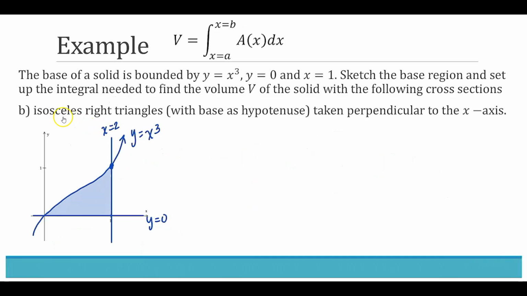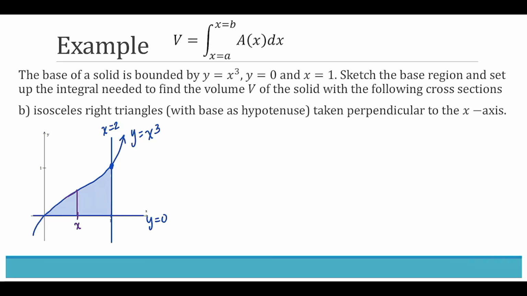In this example, we're going to use the same base, but this time the cross sections will be isosceles right triangles with base as the hypotenuse taken perpendicular to the x-axis. So I'm going to go ahead and construct one of these isosceles right triangles. So here I'm going to pick some generic x value and construct my base that is perpendicular to the x-axis.